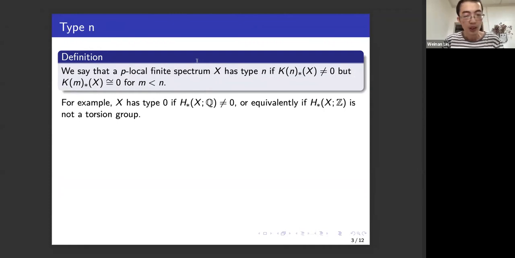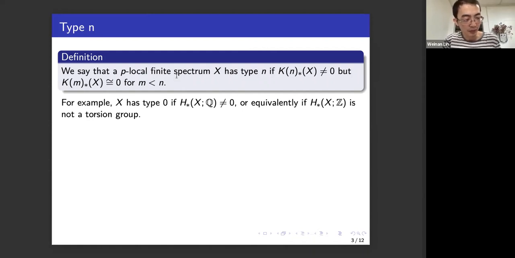So there is something called a periodic self map, which is, if you have a spectrum and you consider a self map, which means that you have a map from a suspension of the spectrum into itself, and then you can take powers of that map, and if it's null homotopic in the end, it's called nilpotent.